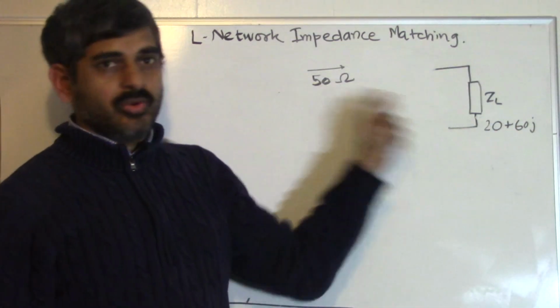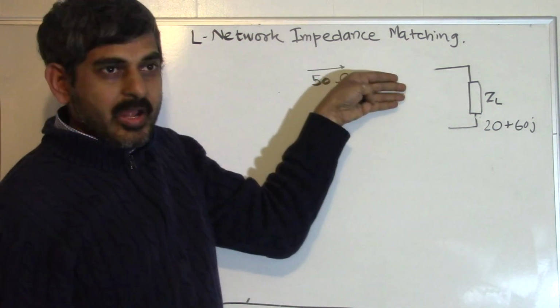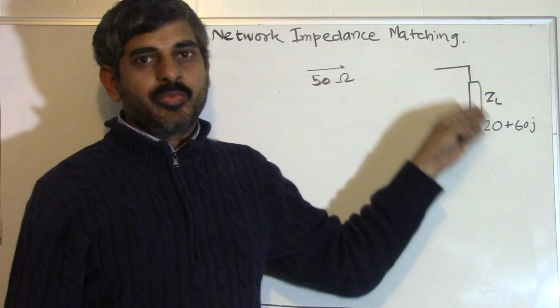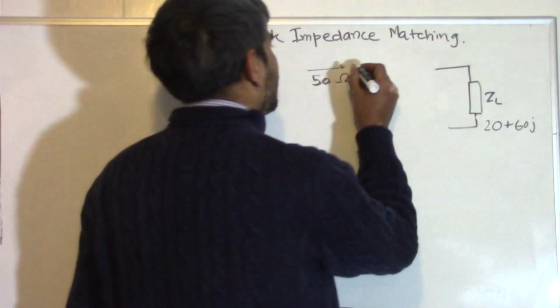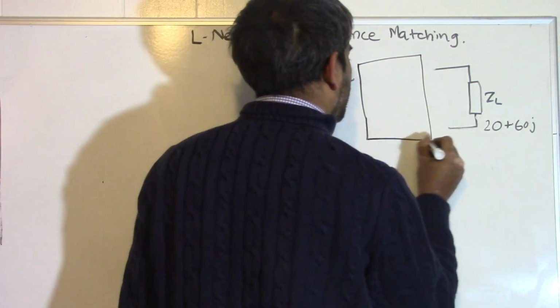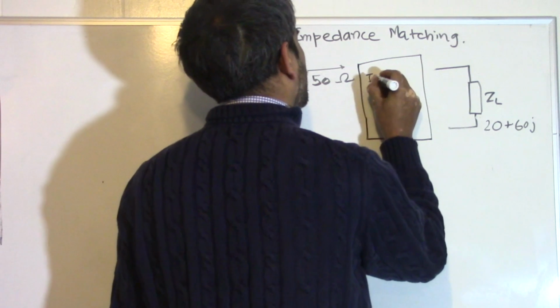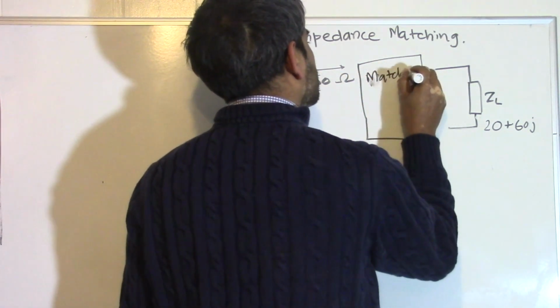So what do I do here so that the source looking into here sees a 50 ohm resistor? What we do is what we call an impedance matching network. So we insert a black box, and that black box I will call a matching network.